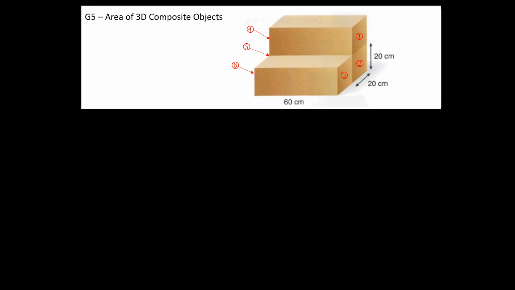So there are 6 squares which are all 20 by 20 squares. Now, for a 20 by 20 square, we're going to use this formula right here, 20 times 20, and then we're going to multiply that by 6, and it's going to give us our entire surface area for those 6 squares. All right, that's one part.